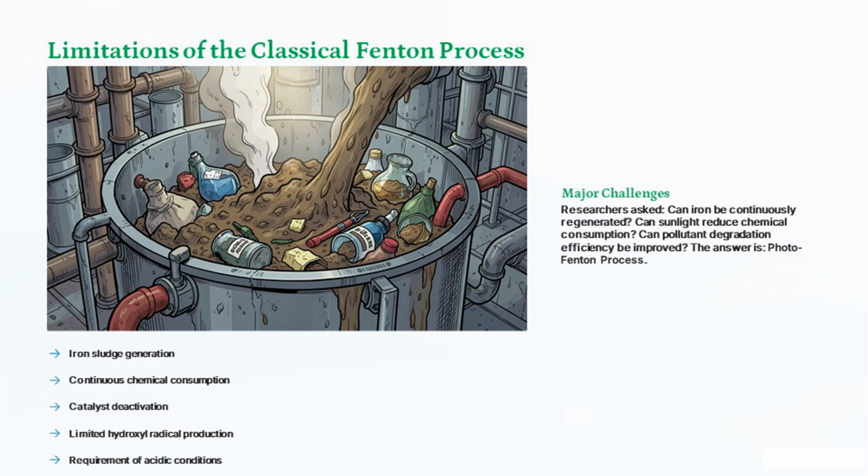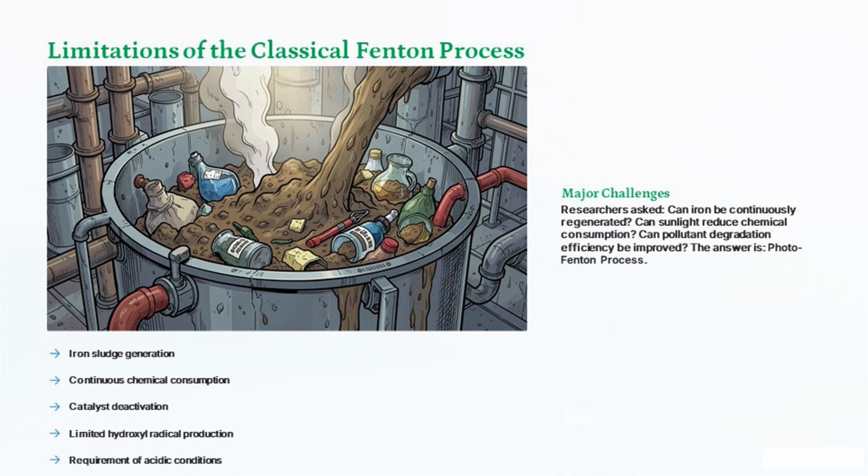So what are the limitations of classical Fenton process? Although the conventional Fenton process is highly active, it has several limitations. First, it generates a large amount of iron sludge, which requires proper disposal and increases operational cost. Second, fresh chemicals must be continuously added because the catalyst gradually becomes inactive. Third, catalyst deactivation reduces treatment efficiency over time.